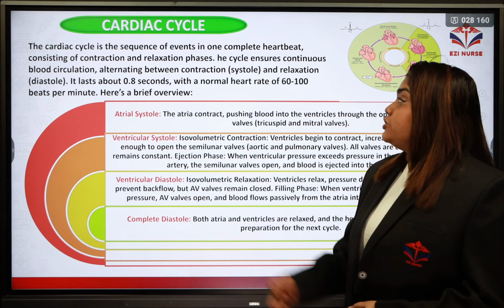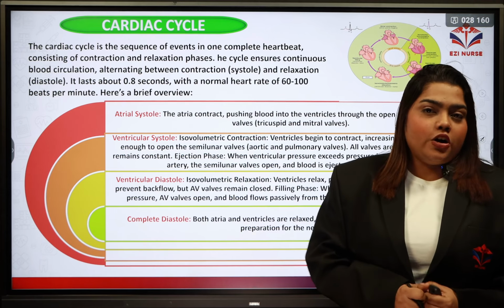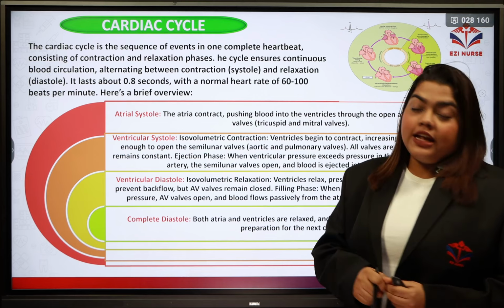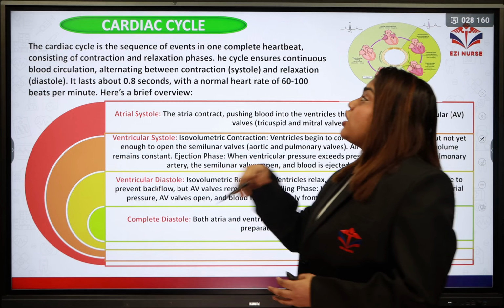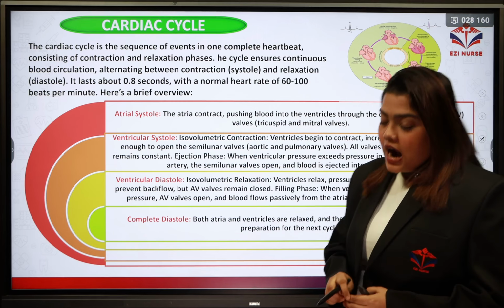Next, we will move on to the cardiac cycle, which is very important. What does the cardiac cycle actually mean? The cardiac cycle is the sequence of events in one complete heartbeat.